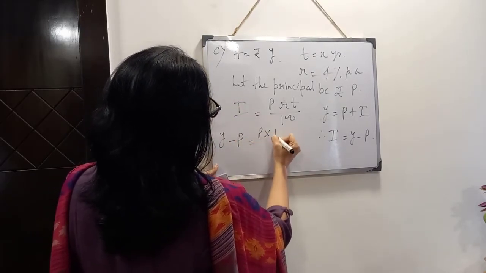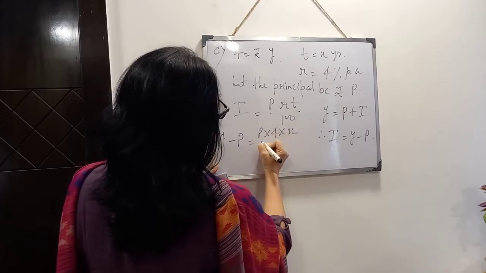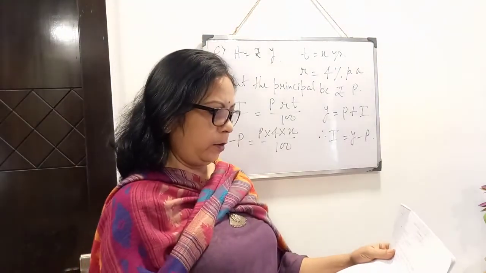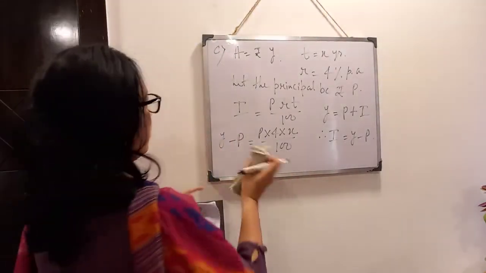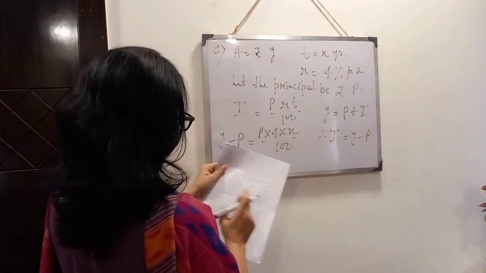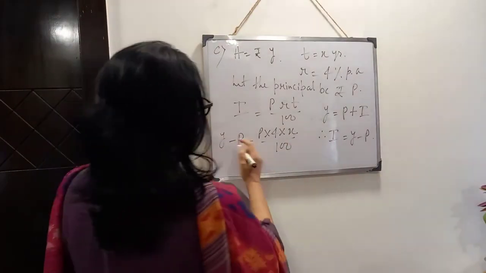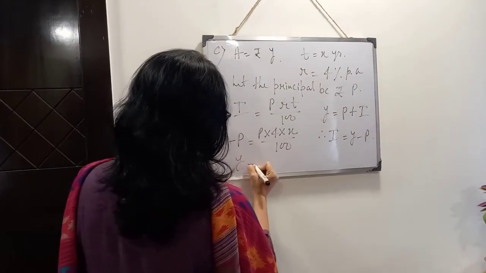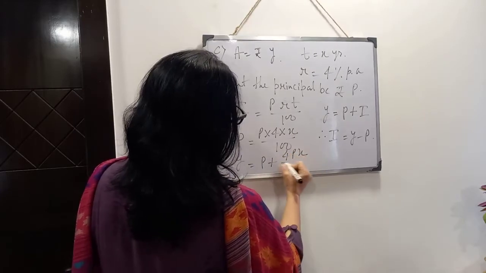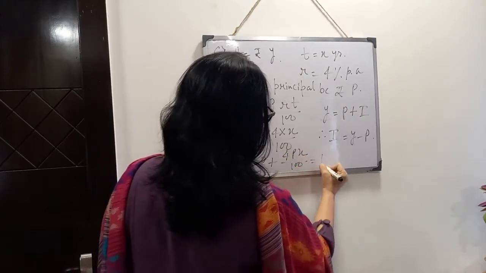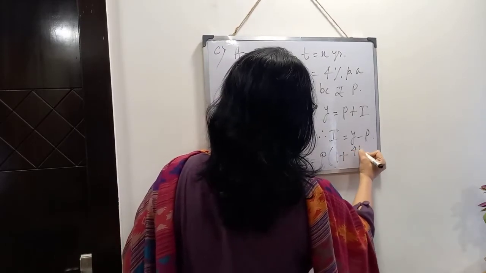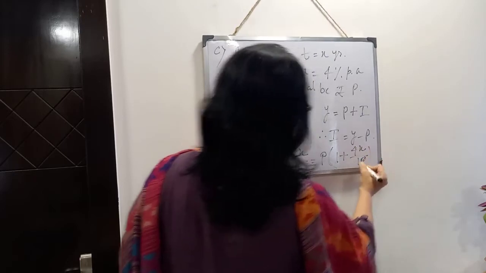P, R is 4, time is X by 100. Now it is given in form of 100, so we will not cancel. Then P we will take one side as we have to calculate the principal. So P plus 4Px by 100. From here you take P common, then it is becoming 1 plus 4x by 100.